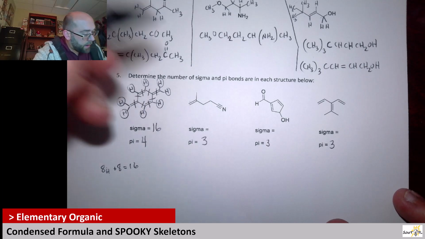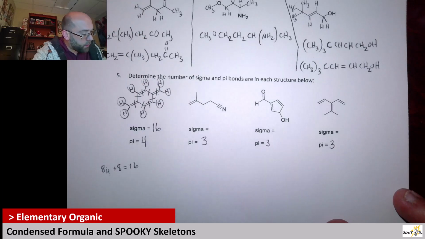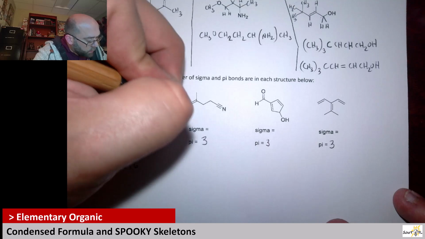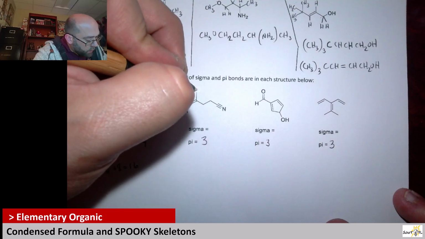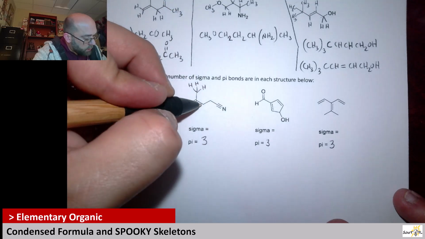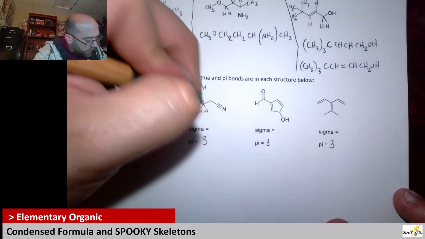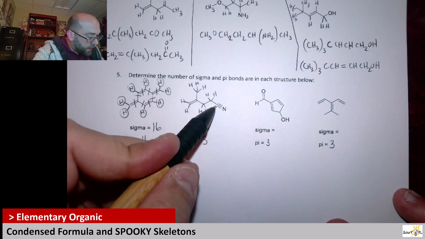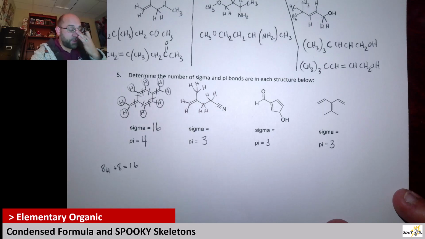All right, now yet again, remember, I need to go ahead and throw the hydrogens in. So there's 2 here, 0 there, 1, 2, 3 here, 2 there, and 2 there. And then that carbon doesn't have any hydrogens, that nitrogen doesn't have any hydrogens.